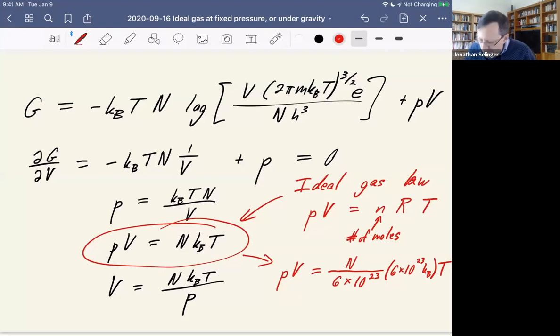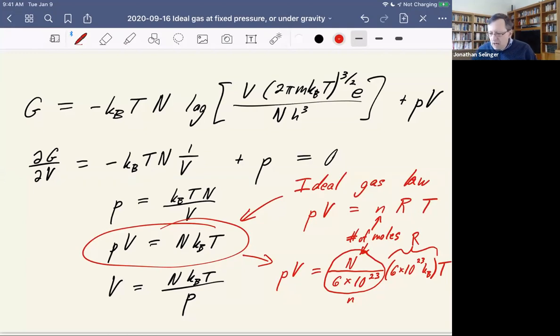Now this combination, the number of molecules divided by 6 times 10 to the 23rd, is the little n, the number of moles. And Boltzmann's constant times 6 times 10 to the 23rd is R, the ideal gas constant that you might be used to.